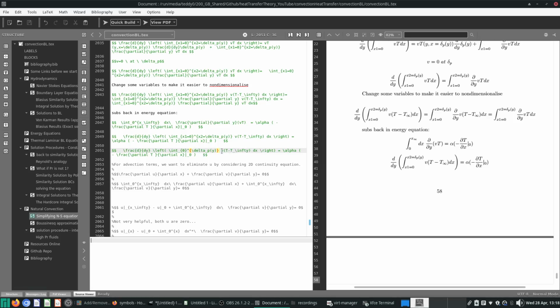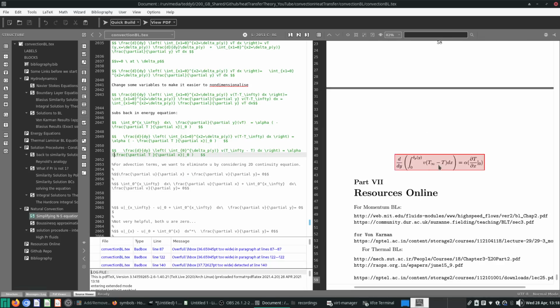And again, delta p y, and of course I will change over the minus signs. T infinity minus t, I'll get rid of the minus signs here. And basically we're done. Ta-da! Let me remove the brackets just for the sake of neatness, and just make the thing clear. y equals to 0, or x equals to 0.